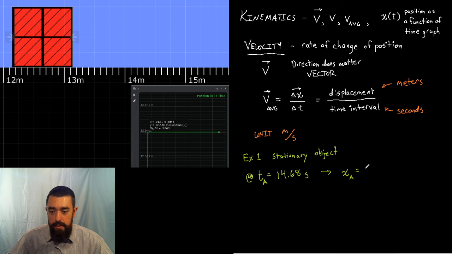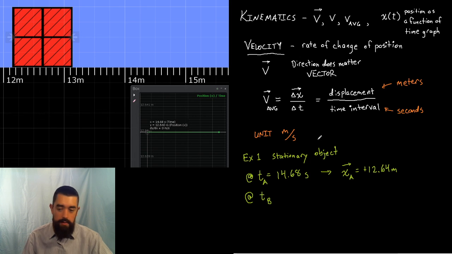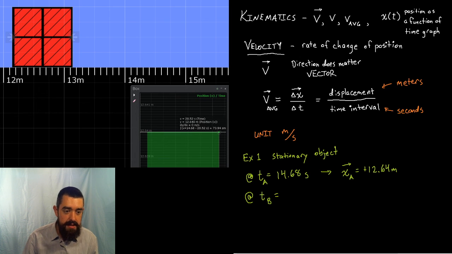So the position is a vector quantity, 12.64 meters to the right of the origin. And then at another time, we'll call it time B, that was a later time. Let's look at the end.